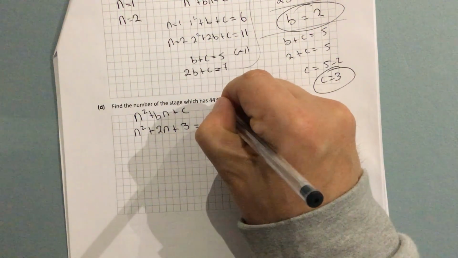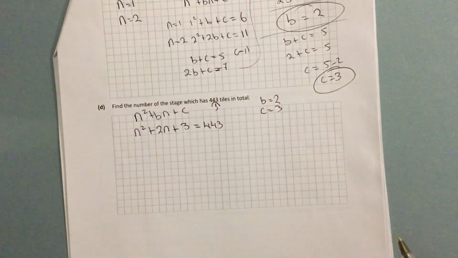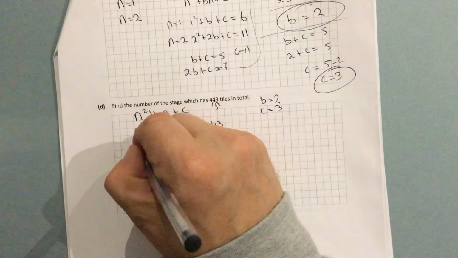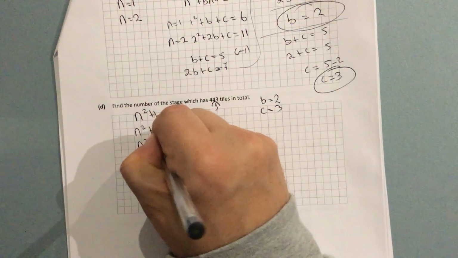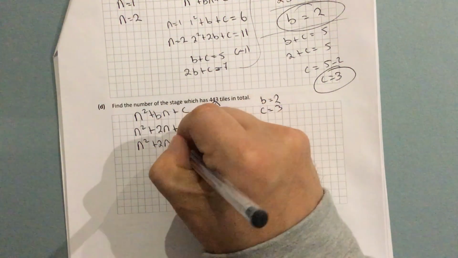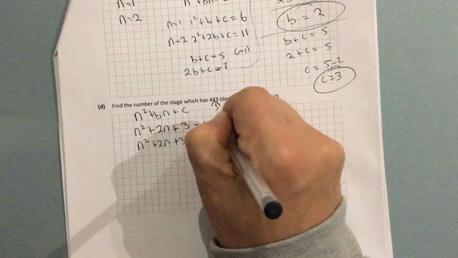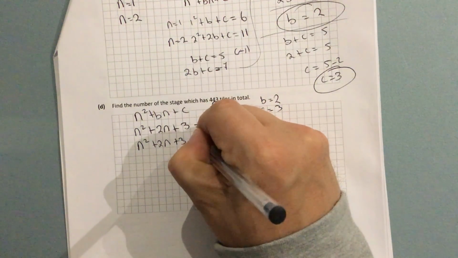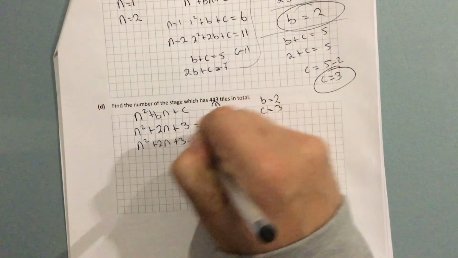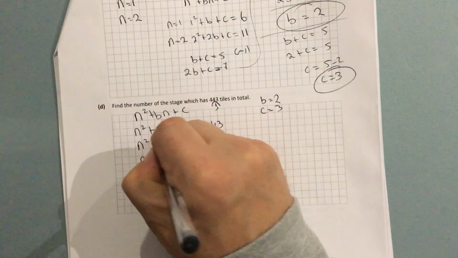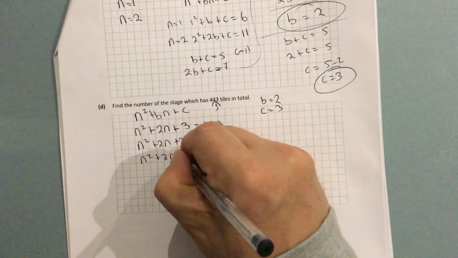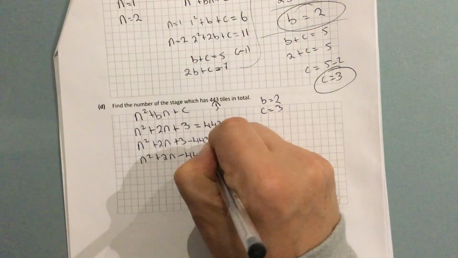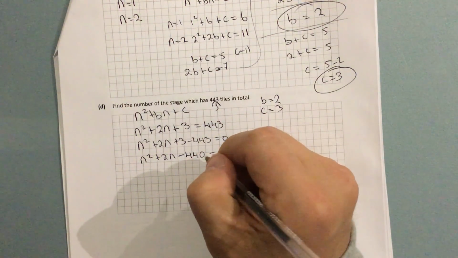If I move the 443 to this side, it'll become minus 443. That's equal to 0. Therefore, n squared plus 2n minus 440 is equal to 0. Okay.